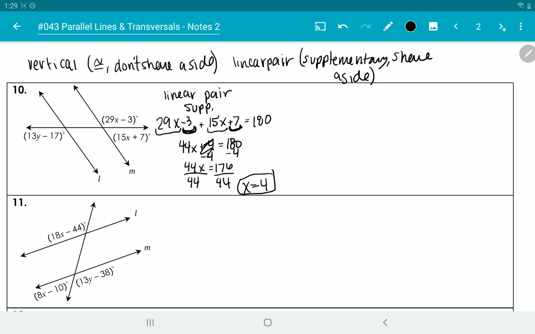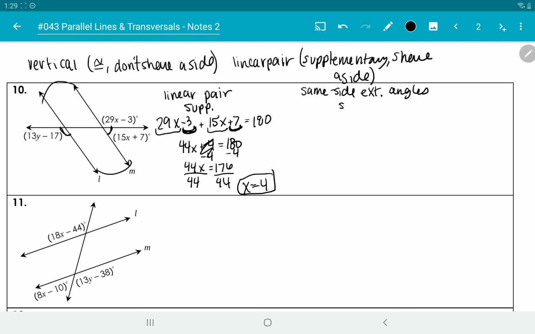We can compare this one to one of the others. So we'll go ahead and compare it to this one just because it doesn't matter which one we pick. So these two angles are on the same side of the transversal, they're both on the bottom. Okay, and they're on the outside of these parallel lines, so they're exterior angles.